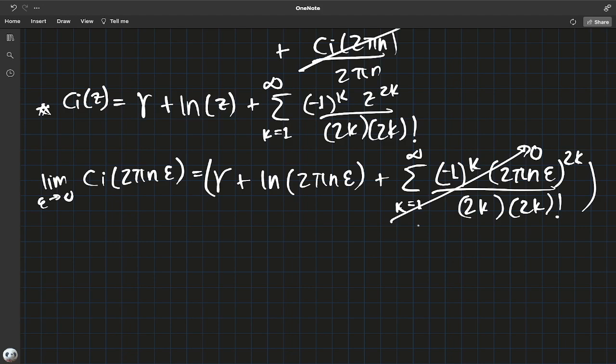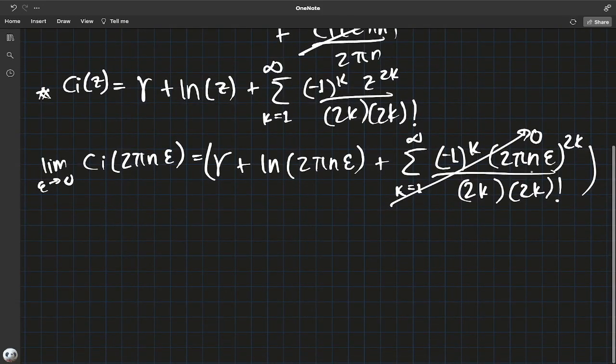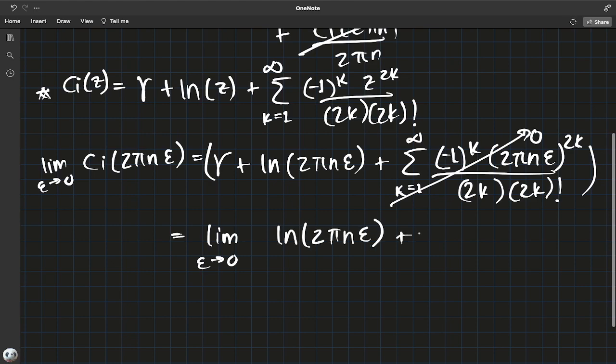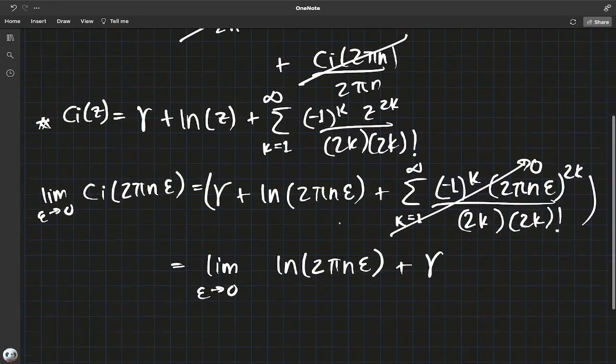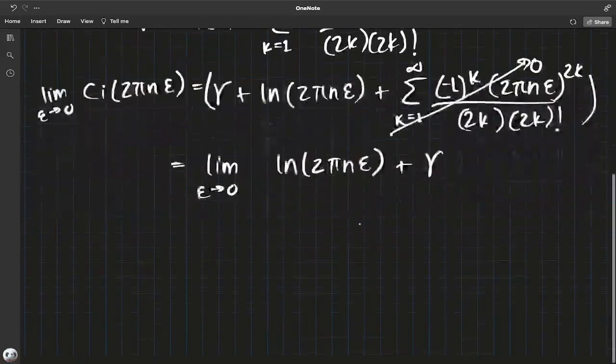That's what the limit does, right? It does an approximation, and we can ignore it because epsilon is getting really small when raised to higher powers. So this is just the limit as epsilon goes to 0 of natural log of 2 pi n epsilon plus a free Euler-Mascheroni constant. I like how this stuff is just free, floating around there.